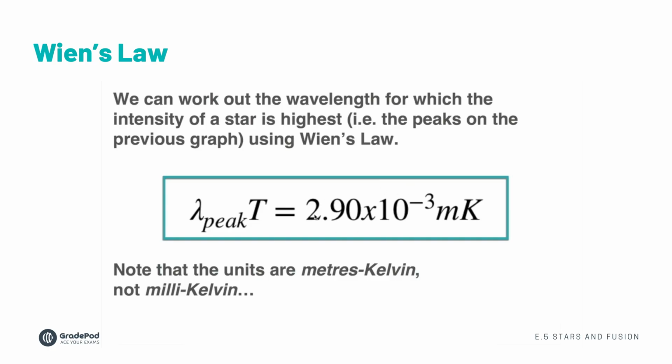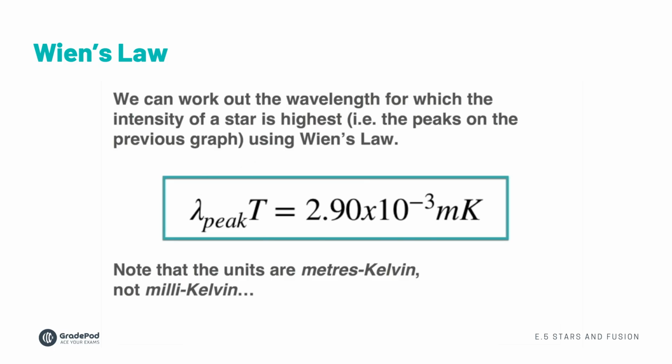It's a constant. And the units of the constant are mK. Please don't think that's millikelvin, that is meters Kelvin, because the unit of wavelength is meters and the unit of temperature is Kelvin. What that tells us is as the star gets hotter, the peak wavelength gets smaller.